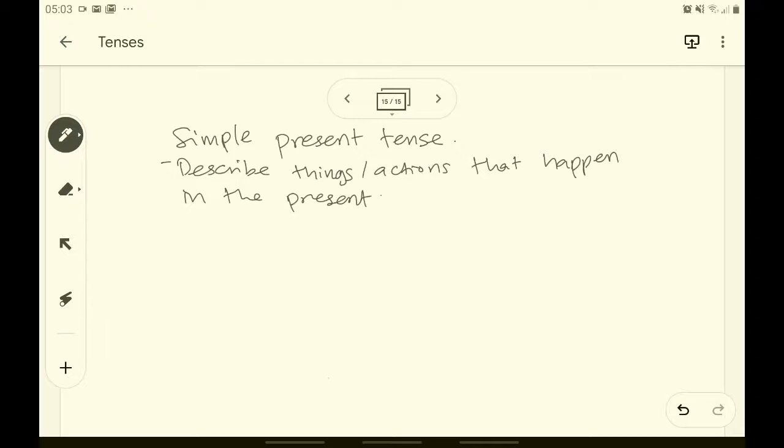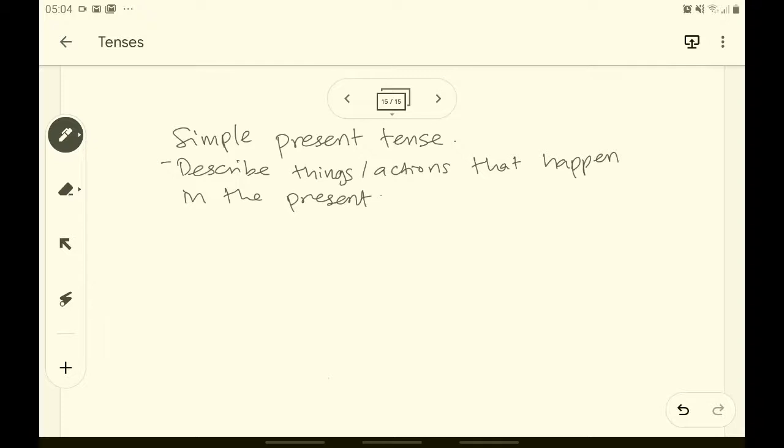For example, if your roommate has been eating rice for the whole week, you can say that he or she eats rice every day. You are actually talking about the present. It means that person eats rice every day, and up until today he is still eating rice.